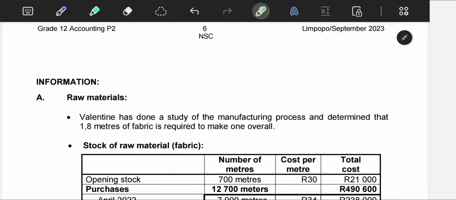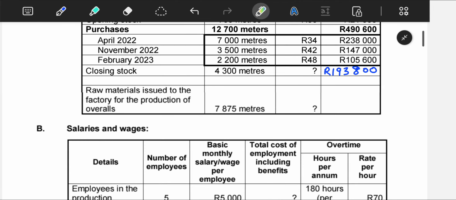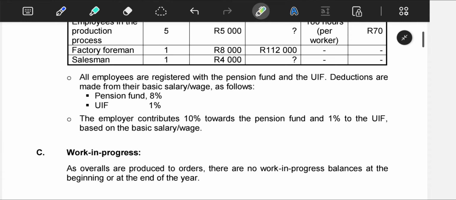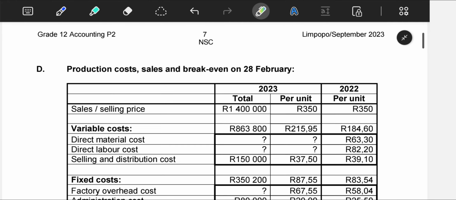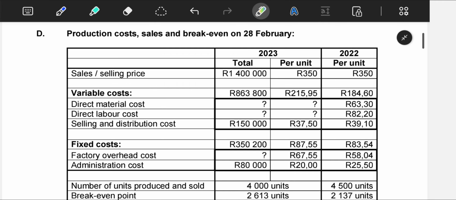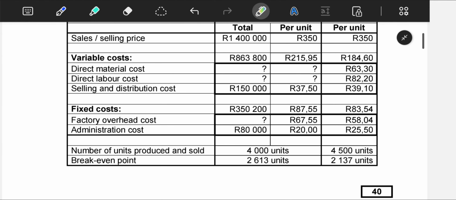So if 1.8 is required to make one overall, how many overalls did we manufacture? Here is the information that is telling us about production, sales, break even. So this is the number of units produced. 4,000 units. We produced 4,000 units.